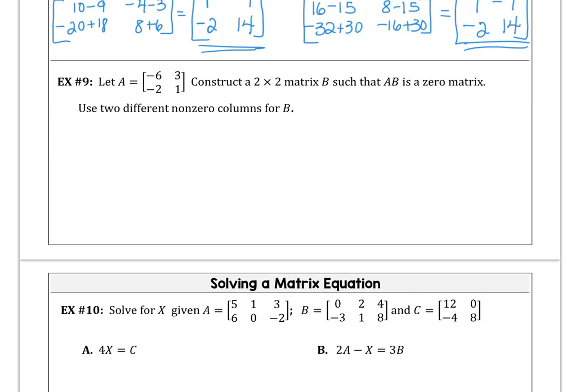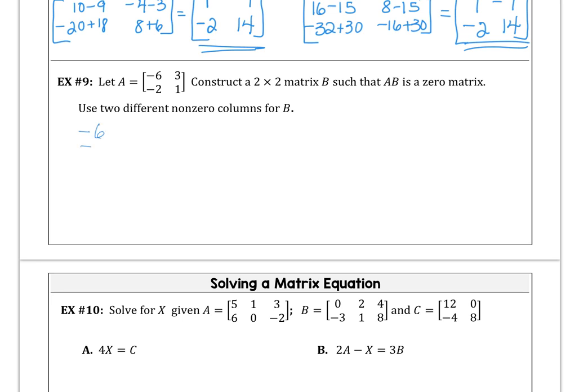For example 9, we're going to construct a 2 by 2 matrix so that AB is a 0 matrix, and we're going to use 2 different non-zero columns for B. So let's set that up like a little puzzle here.